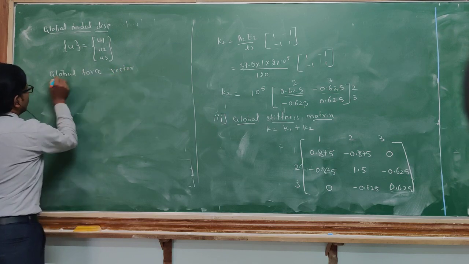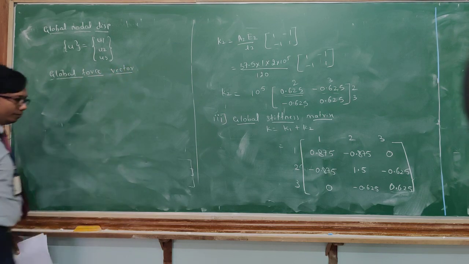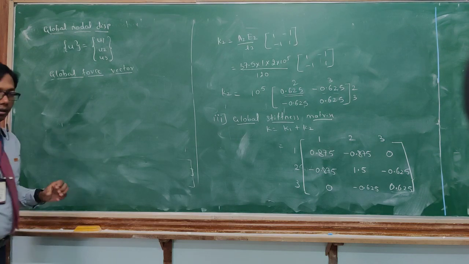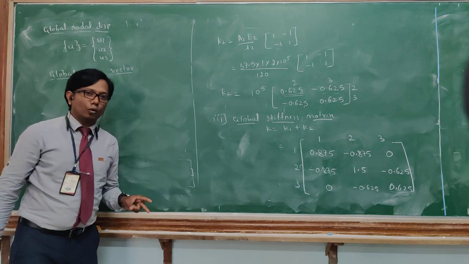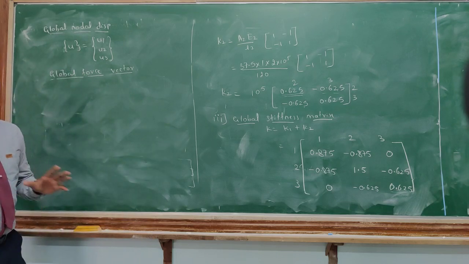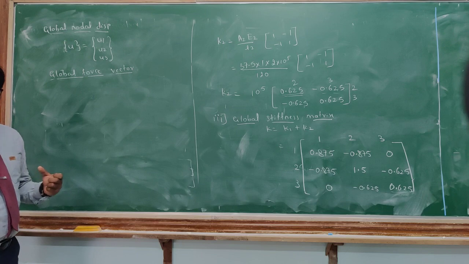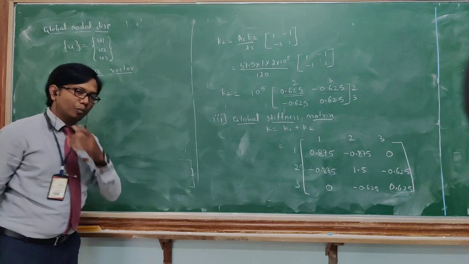Global force vector. Now you have to understand, this is an important thing. There are 2 types of loads for this particular problem. One is because of weight density, there is a load acting, and the other is because of the point load.